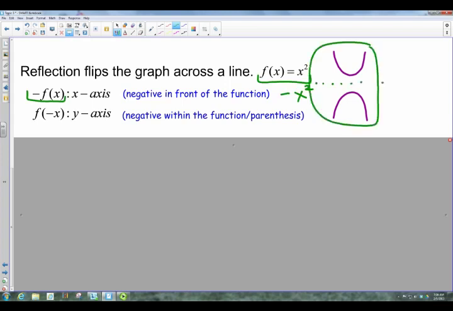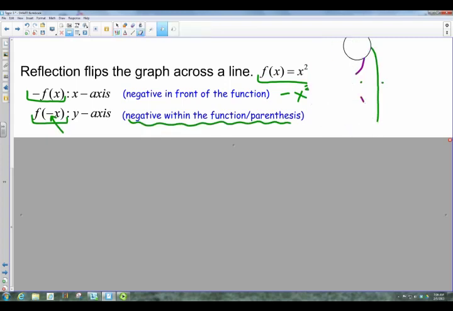Now for the y-axis reflection, the negative occurs inside the function. So the negative is within the function or the parentheses. Now the y-axis is your vertical axis. So if I were to have my parabola here and there's my graph, basically this point would reflect and become that point.